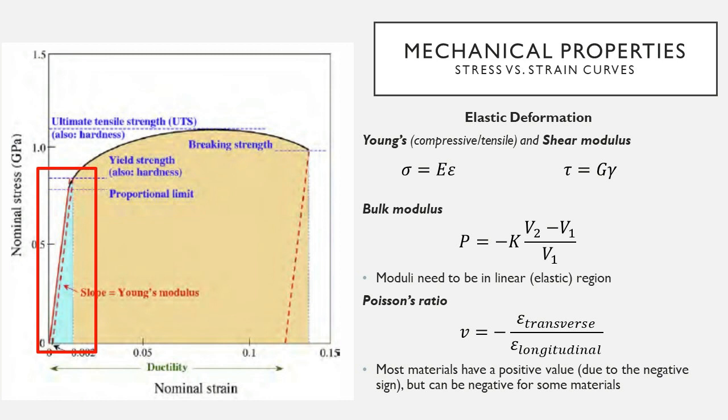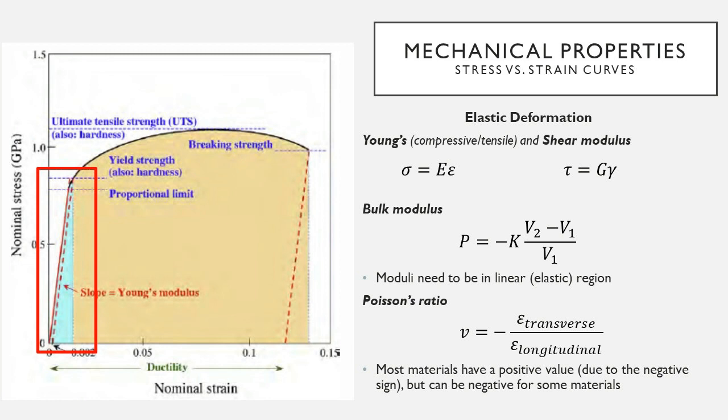Now, what's great about this particular graph is that there's so much information you can get from this type of graph. So we're going to cover a lot of the different components and calculations you can do from this kind of data. And the first I want to touch on falls within the scope of what's called elastic deformation. Now, elastic deformation is the amount of deformation that a material can withstand while still being able to, I'll say, bounce back.